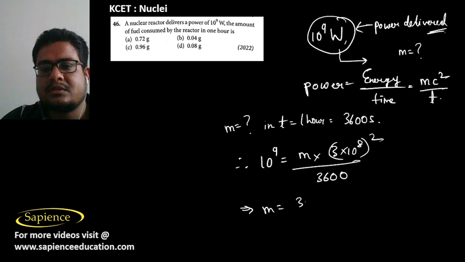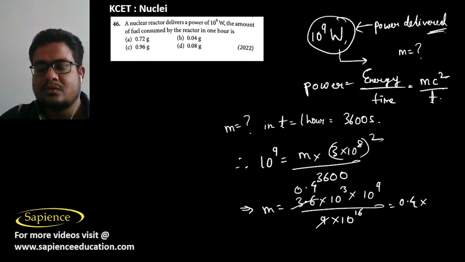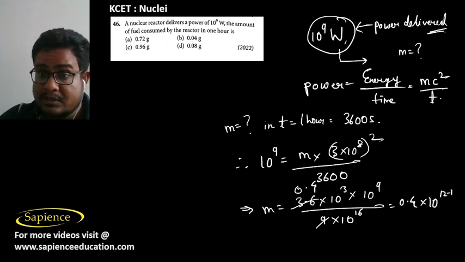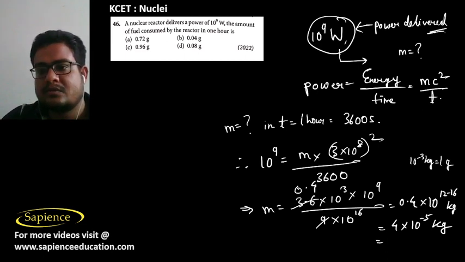M will be equal to 3.6 into 10 power 3 into 10 power 9 divided by 9 into 10 power 16. 4 9s are 36, so that is 0.4 into 10 power 12 minus 16 kg, which is equal to 0.4 into 10 power minus 4 kg, say 4 into 10 power minus 5 kg. 10 power minus 3 kg is equal to 1 gram, so therefore it is 0.04 gram.